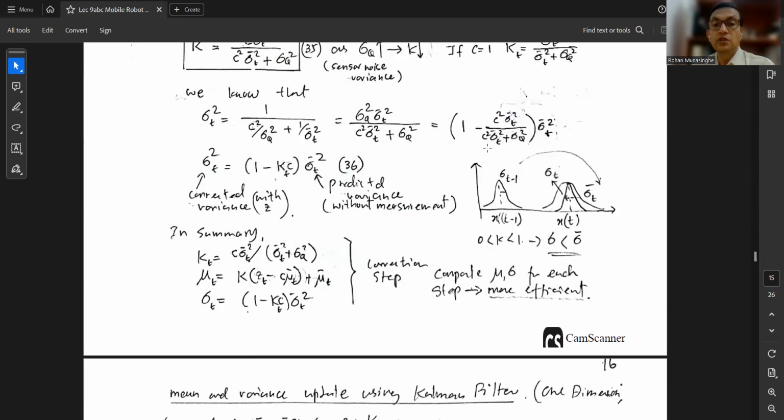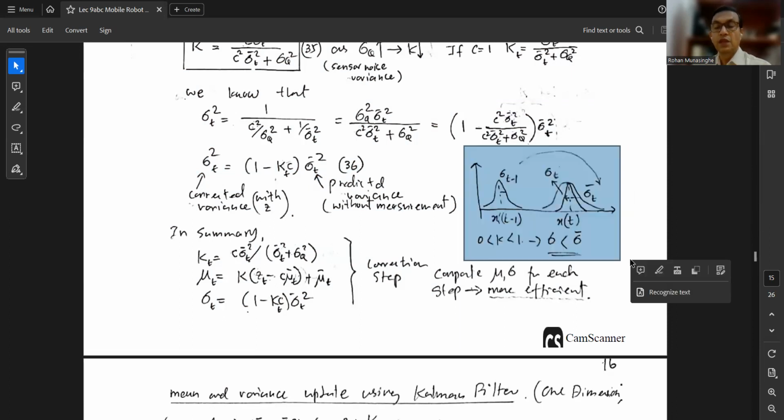Now, if I show this in a diagram so that you can understand clearly, it's like this. At t minus 1, you have some distribution. We describe the position of the robot using a probability distribution function. Now it is at x t minus 1.